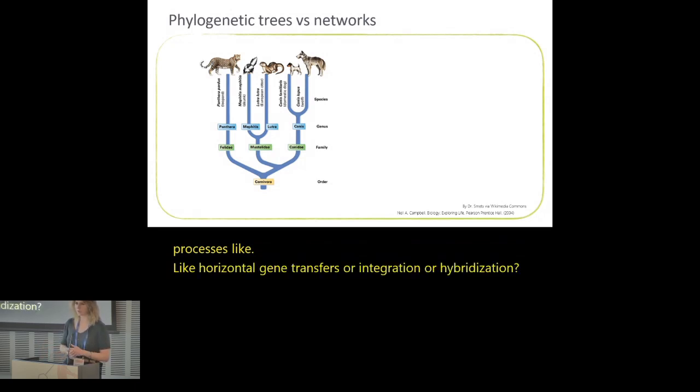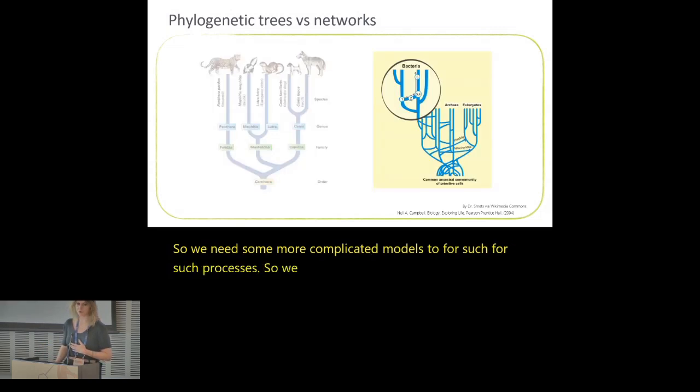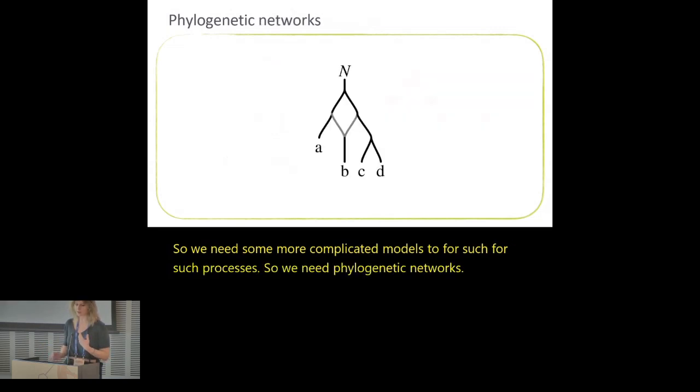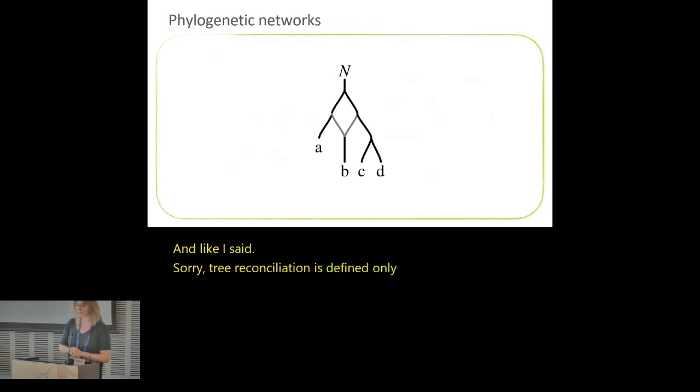So we need some more complicated models for such processes. So we need phylogenetic networks. And like I said, tree reconciliation is defined only for gene trees.